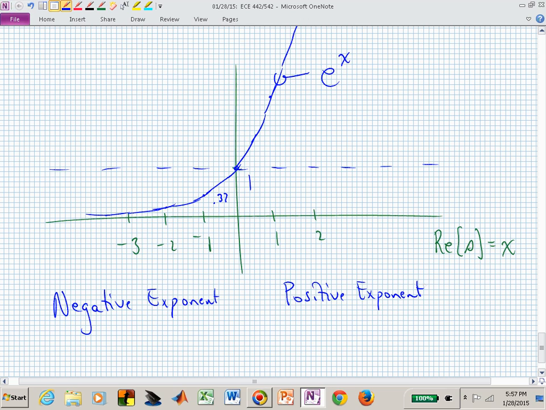Meaning if you have points that are in the complex s-plane in the right half plane, they're going to have a real part that's positive. They are going to be mapped to locations outside the unit circle. Their radius is going to be bigger than 1. That's one observation.